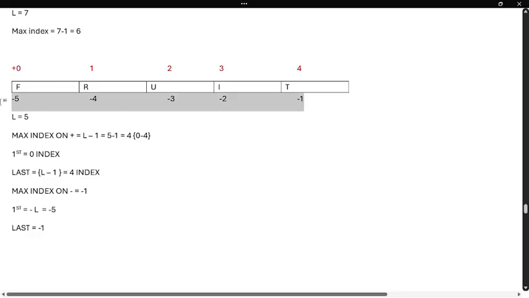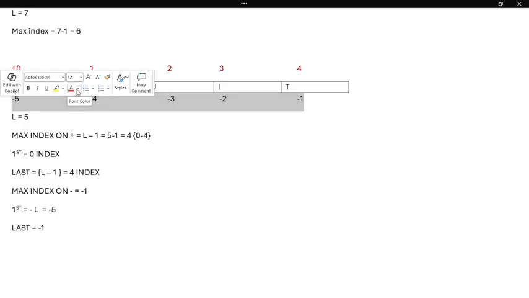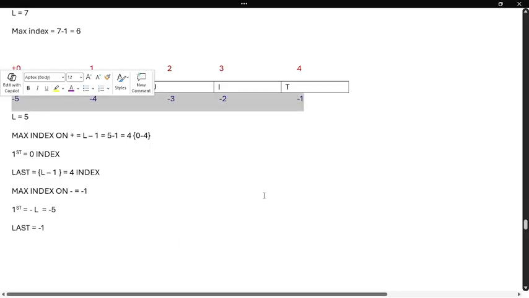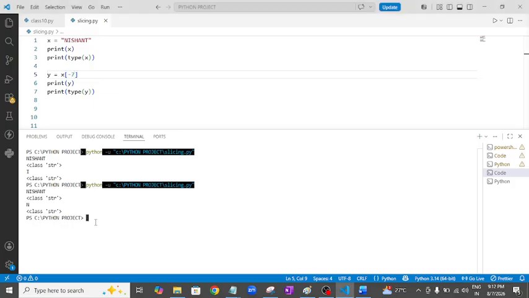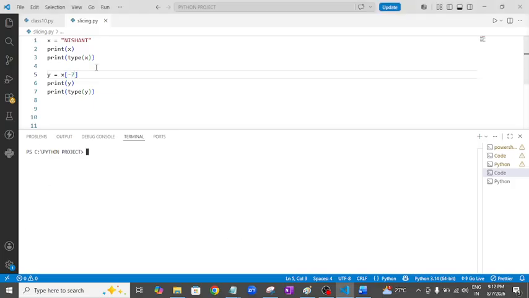Everyone is happy? Okay, let me show this in the program quickly. We are studying slicing.